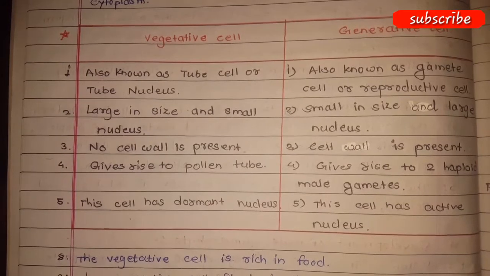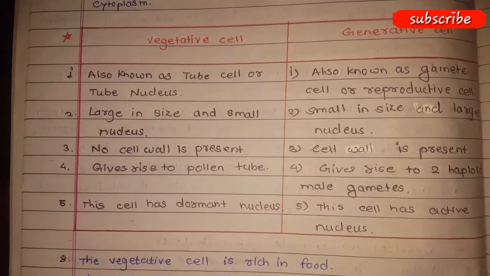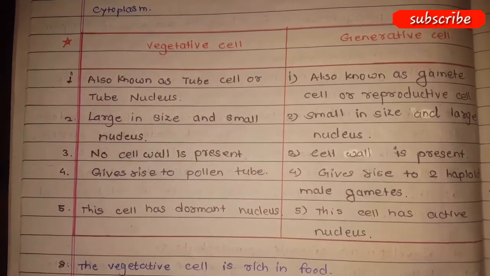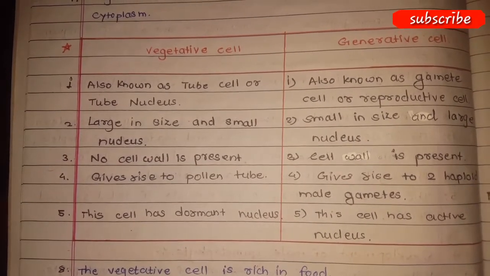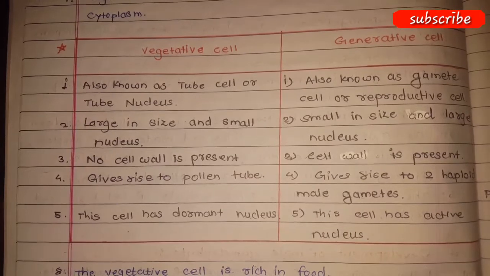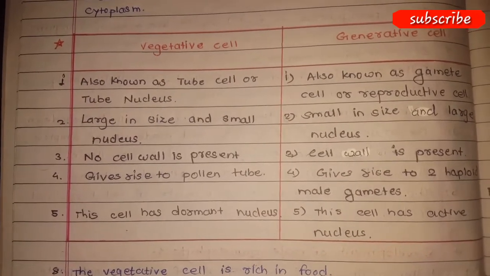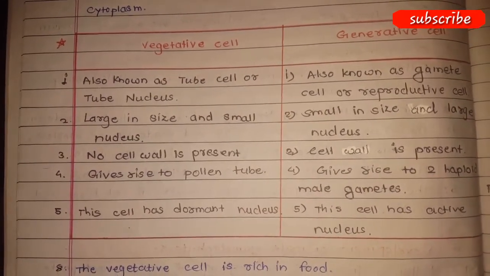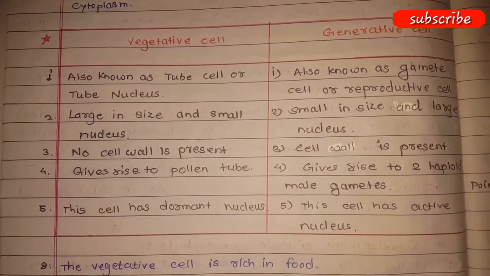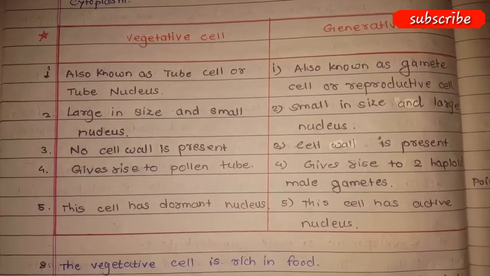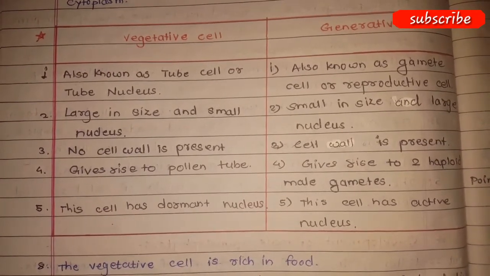On the other hand, generative cell is also known as gamete cell or reproductive cell. Second, vegetative cell is large in size and has a small nucleus. On the other hand, generative cell is small in size and has a large nucleus.